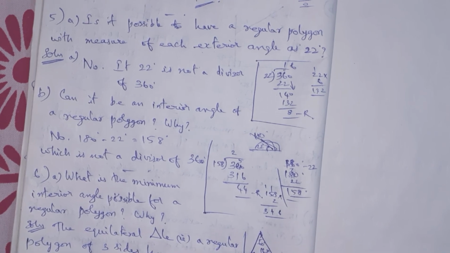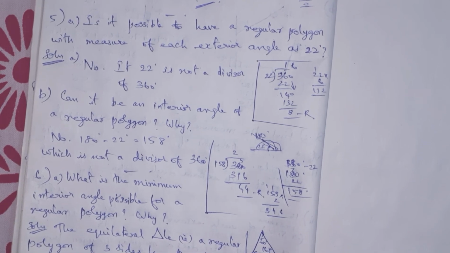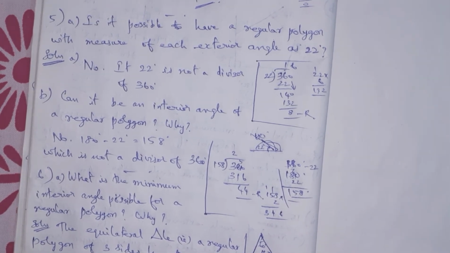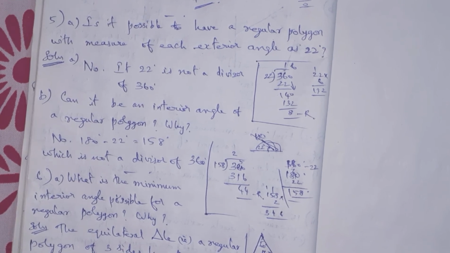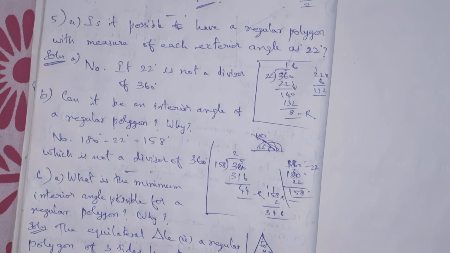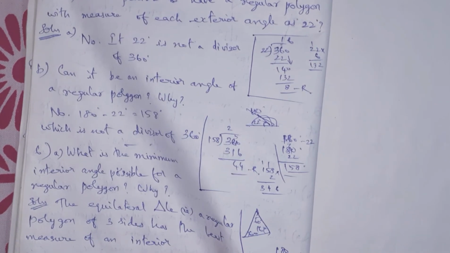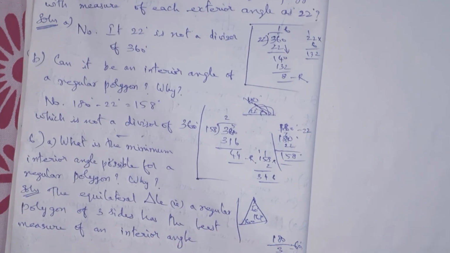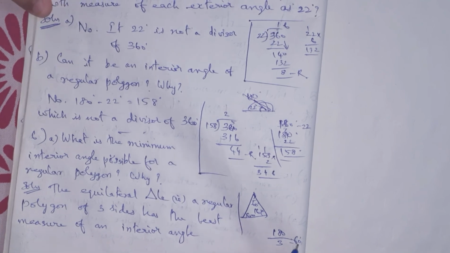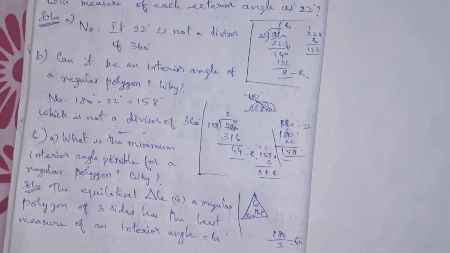Three sides has the least measure of an interior angle, which is equal to 60 degrees.